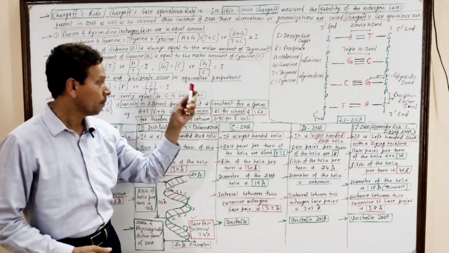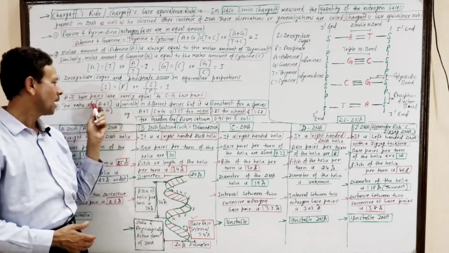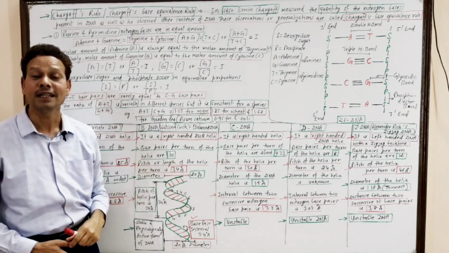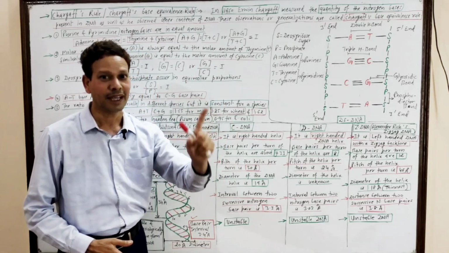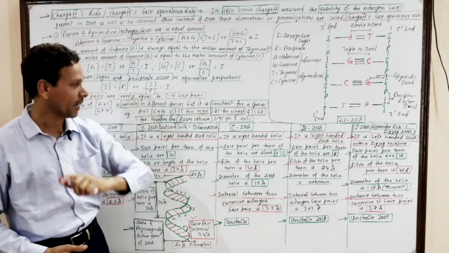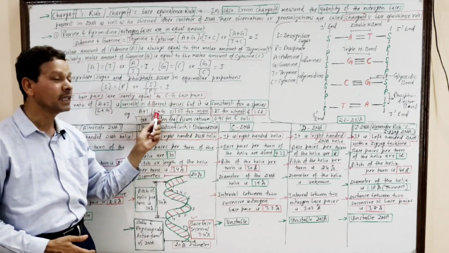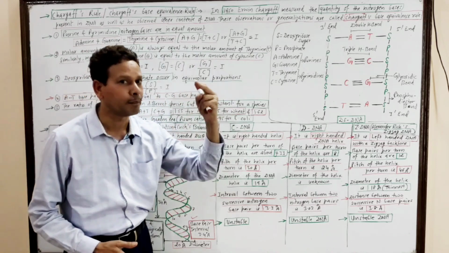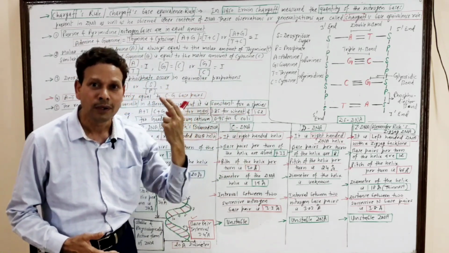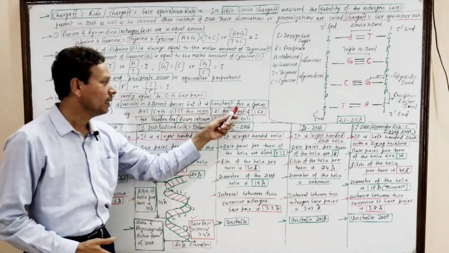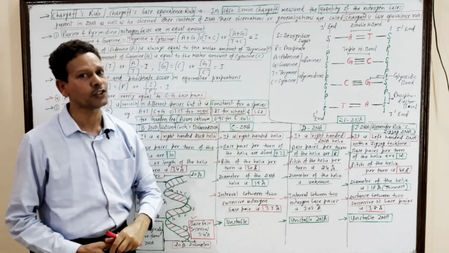Note down, but this ratio of nitrogen bases A plus T to C plus G remains constant in a species. As in case of human beings, this A plus T to C plus G nitrogen base pair ratio is 1.55, while it is 1.25 for wheat, that is Triticum aestivum.